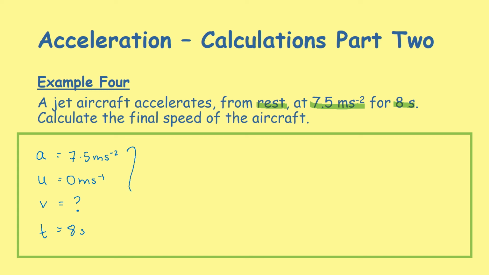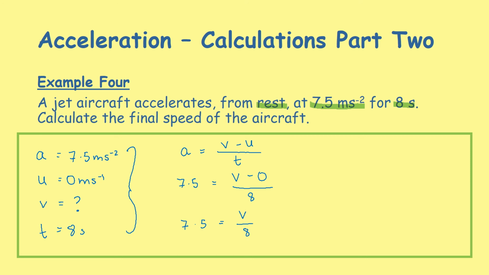Now, if we use our equation, we've got A equals V take away U all divided by T. We can pop our numbers in. So 7.5 equals V take away 0 divided by 8. We can simplify this for ourselves and realize that V take away 0 is just V, so we can write this as 7.5 equals V divided by 8.